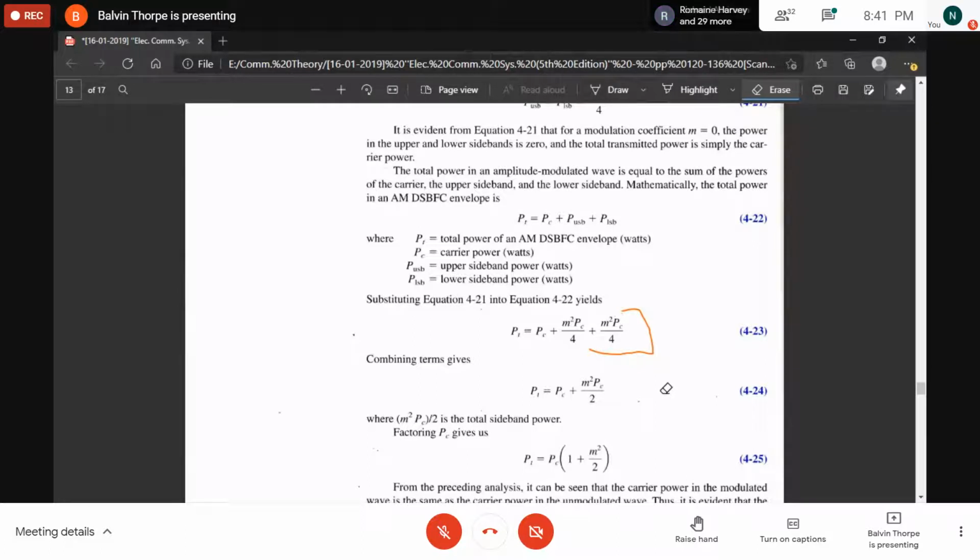So factoring PC out of this expression, these two are the same. Finding the LCM gives you this.